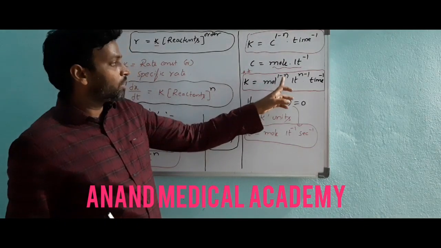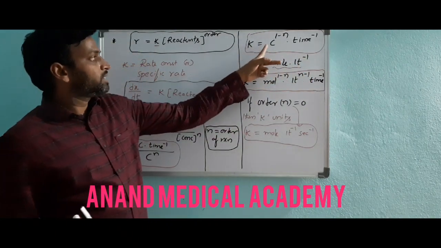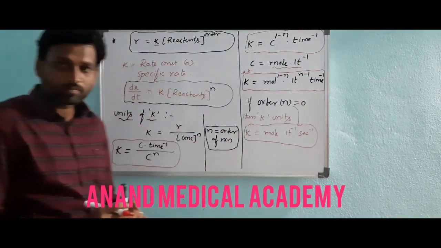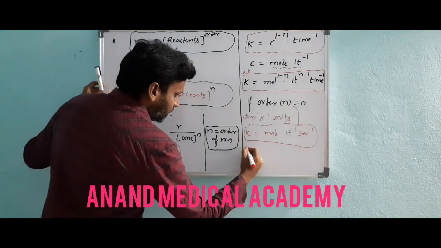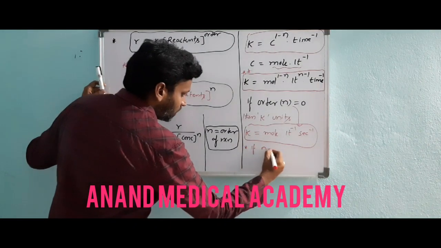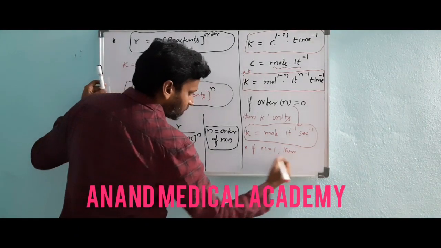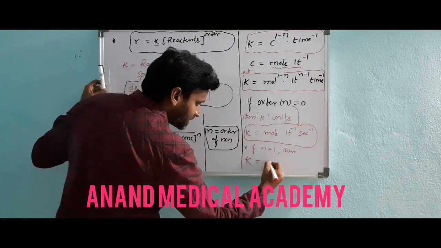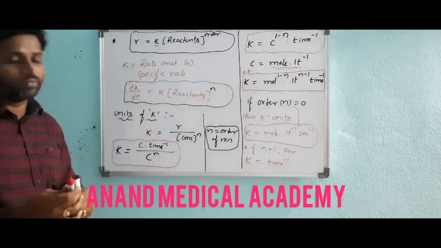Okay. So mole power 1 minus n, liter power n minus 1, time inverse. Or else K is equal to concentration power 1 minus n, time inverse. Got it? So for first order, if n is equal to 1, then K units are simply time inverse.